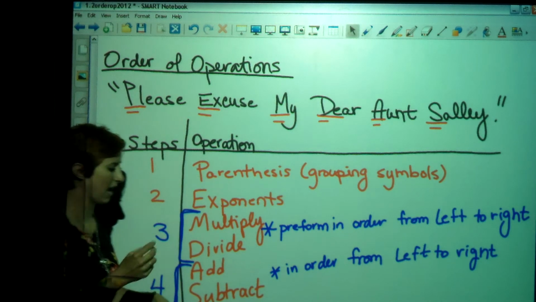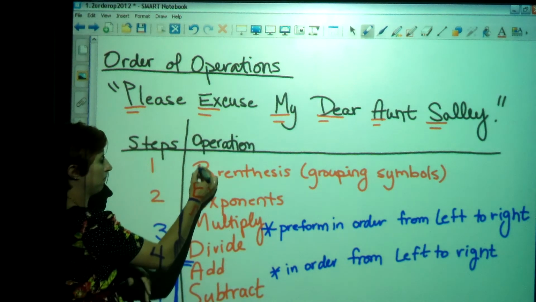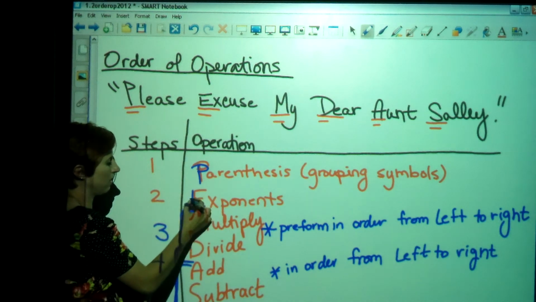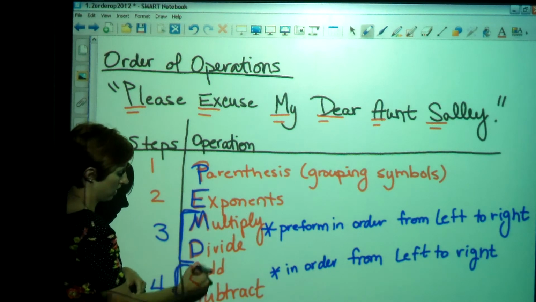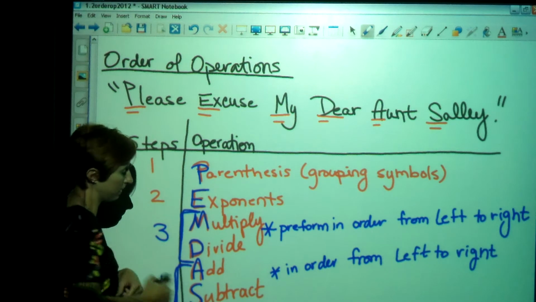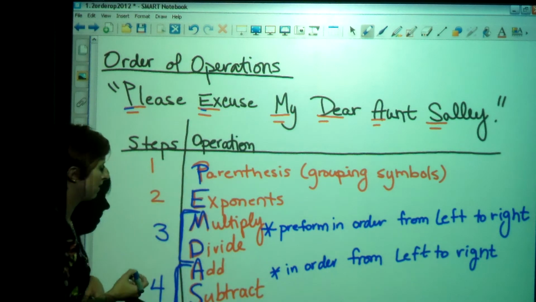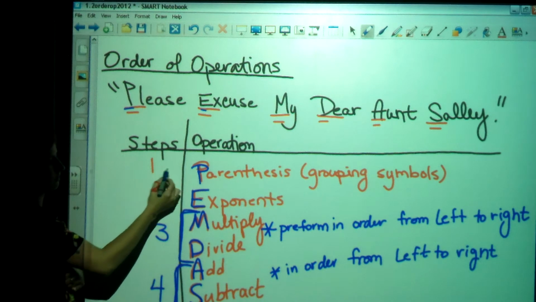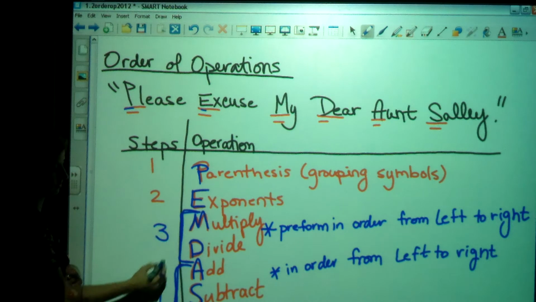So even though we have 6 letters, we keep up with our P, E, M, D, A, S, is our PEMDAS, or our please excuse my dear Aunt Sally. There's 4 steps. First step is parentheses. Second step is exponents.